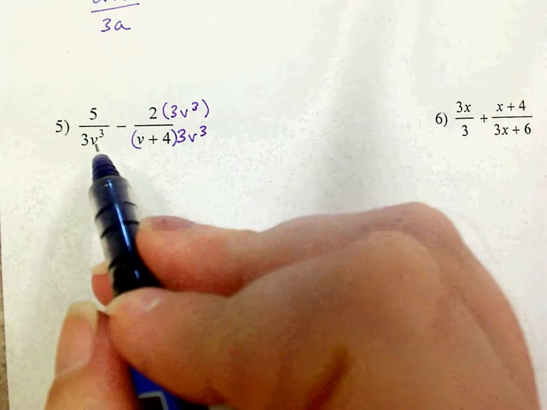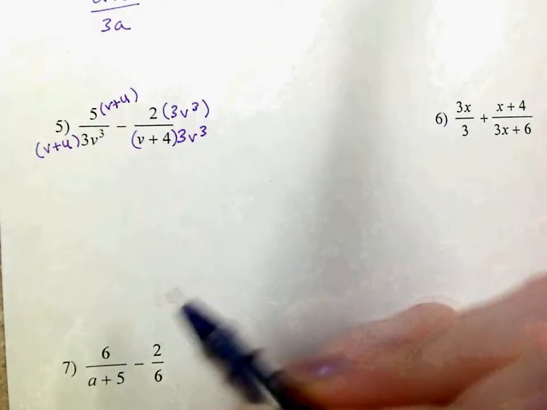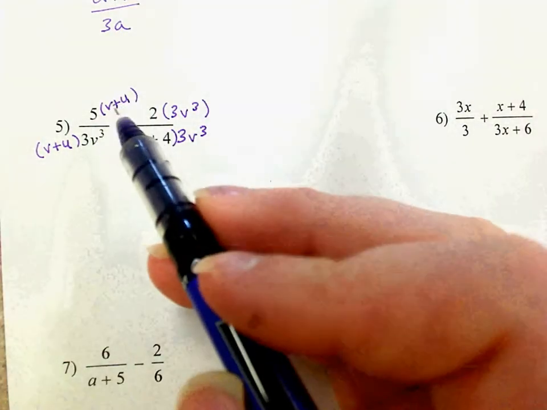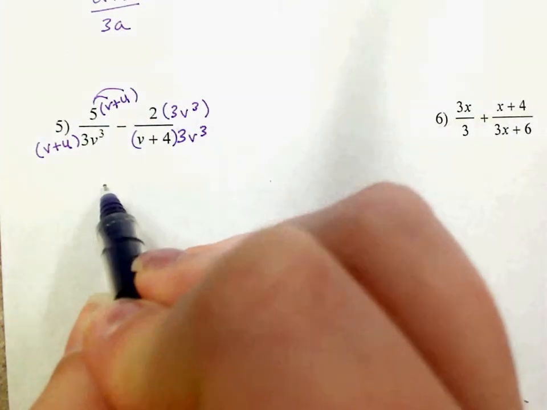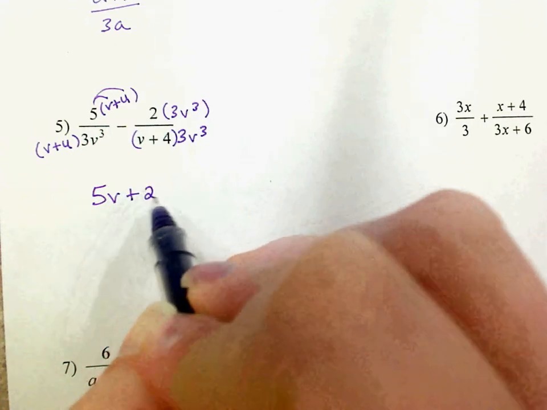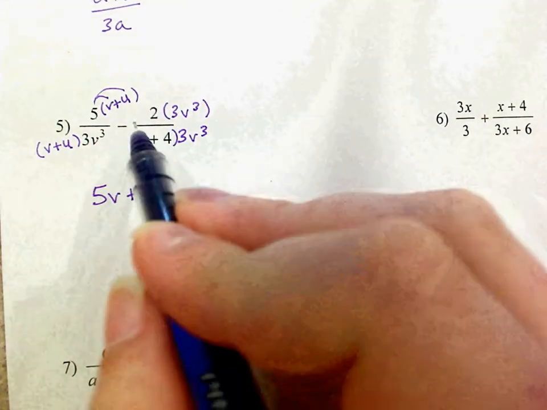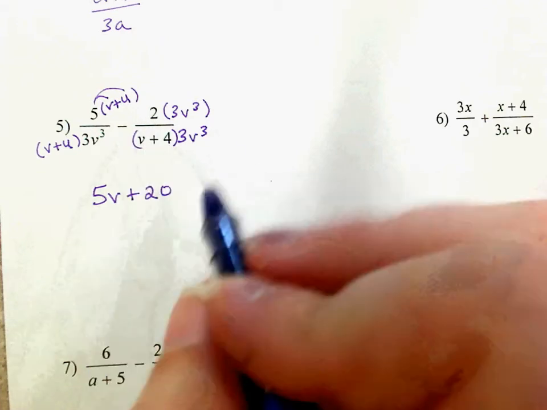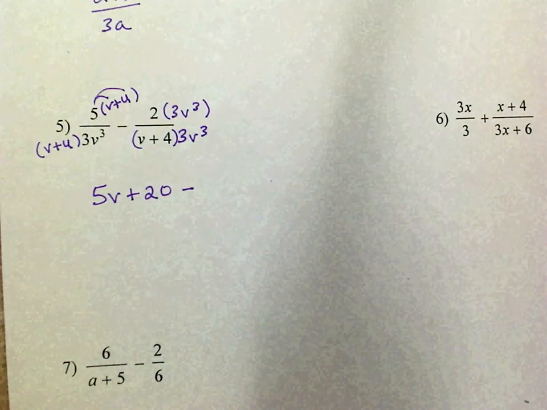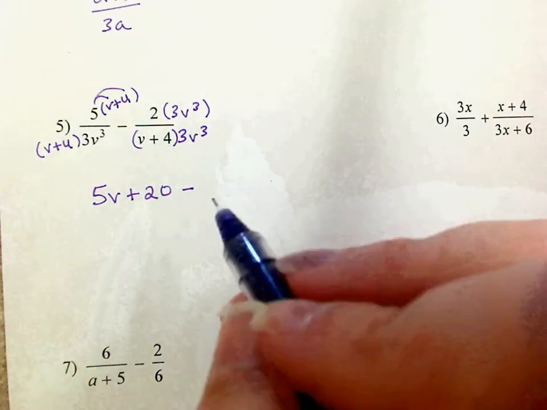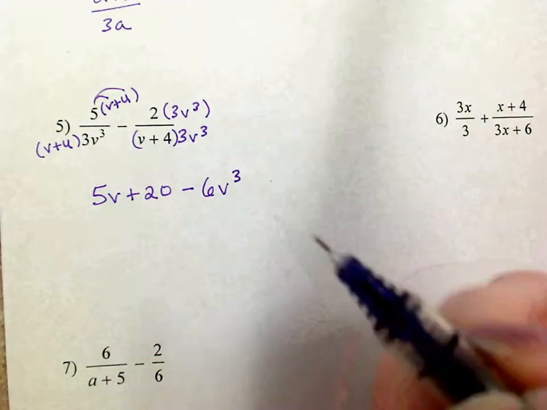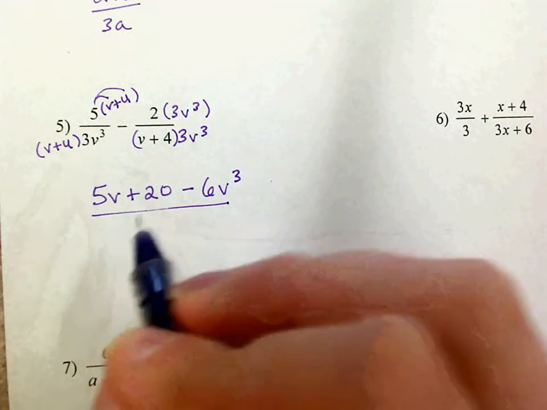So what do I need to do with this 5 and this b plus 4? Good. So I've got what? 5b plus 20. Now I'm going to write this as, well, I've got a minus, right? 2 times 3b cubed, what's that? Over the common denominator of 3b cubed times b plus 4. Or b plus 4 times 3b cubed.